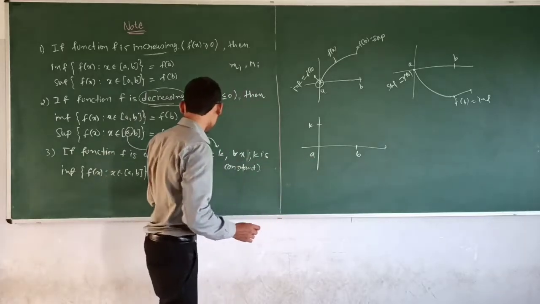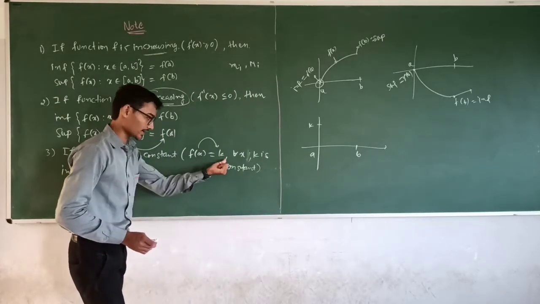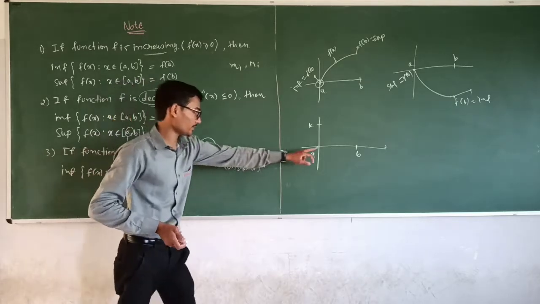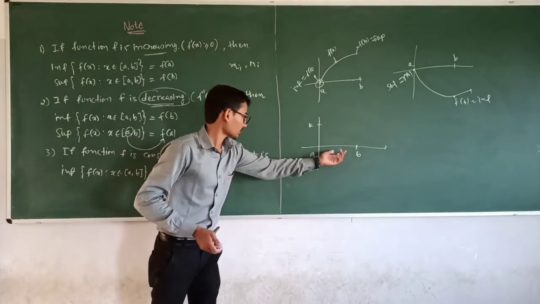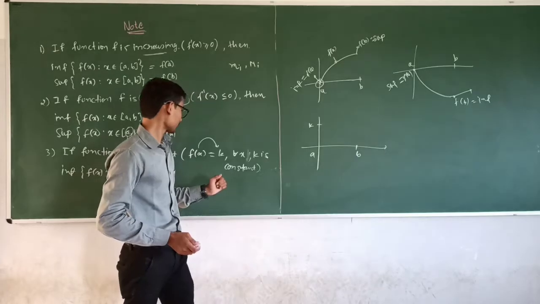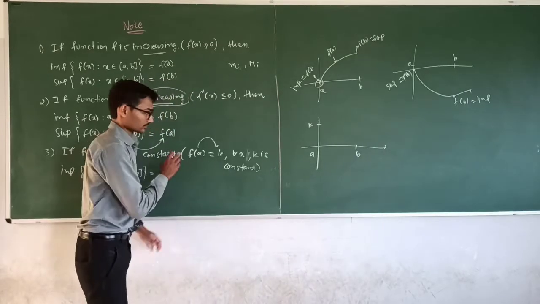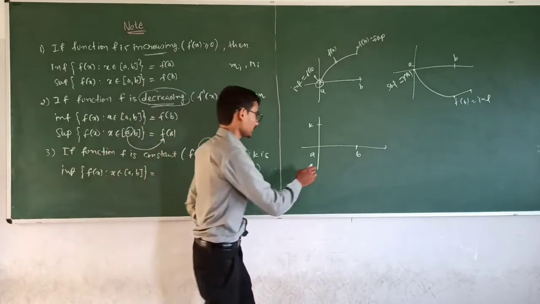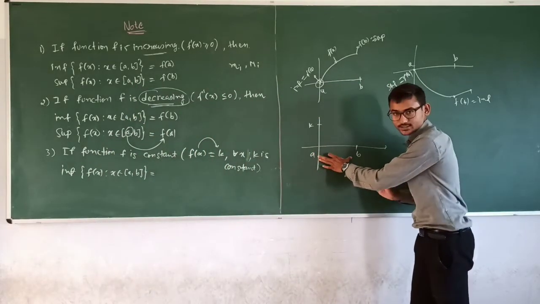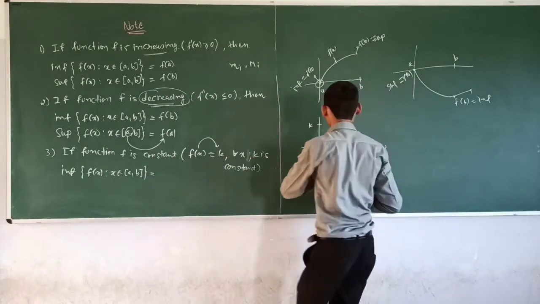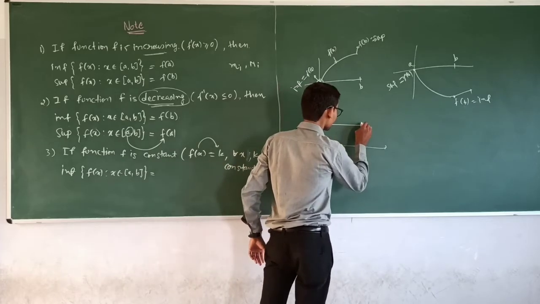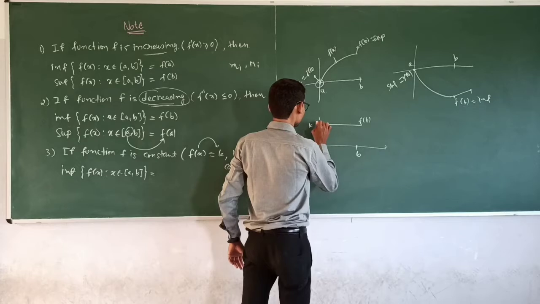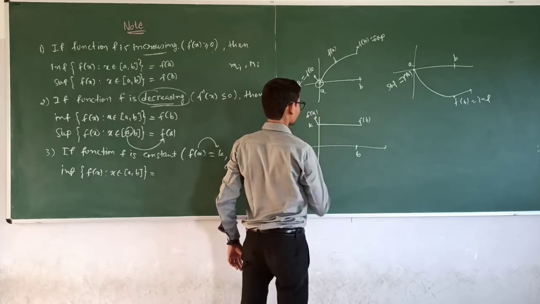If I put x equal to a, then f of a is k; x equal to b, then f of b is k; and in between, each element of this sub-interval is sent to the value k. So that is the graph.